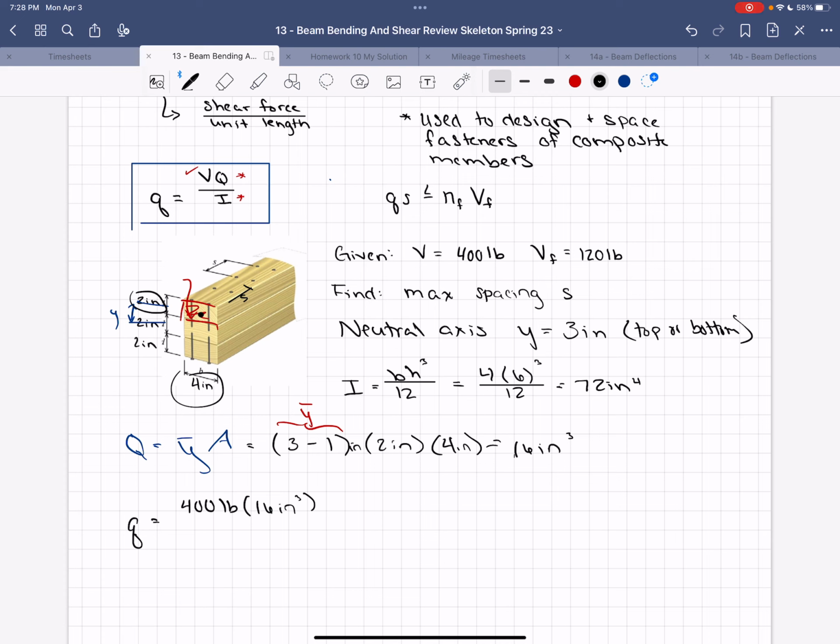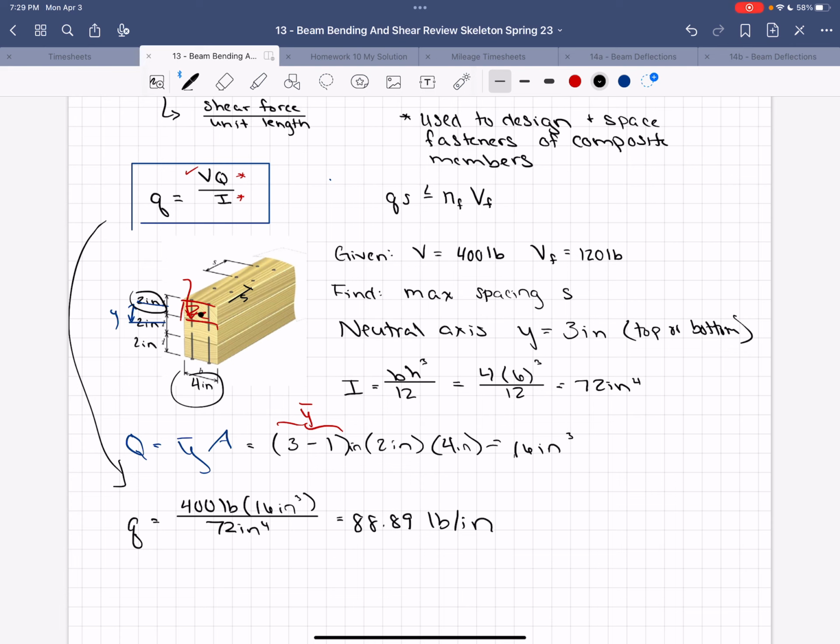That's big Q. So shear in the beam times first moment of area all over the moment of inertia, 72 inches to the fourth. And we get 88.89 pounds per inch.